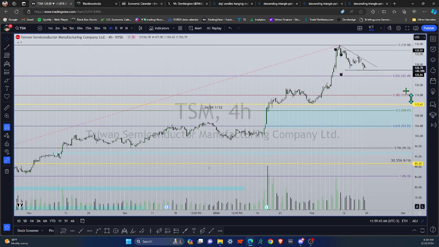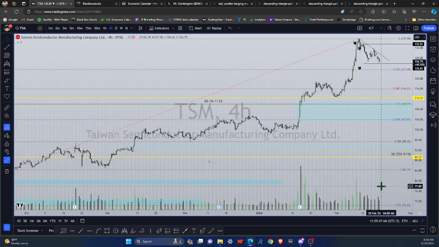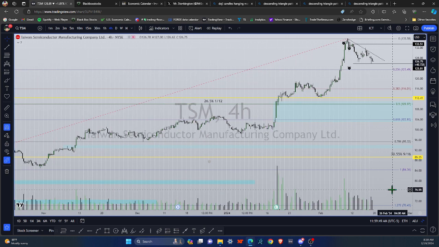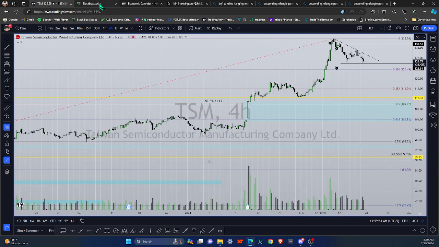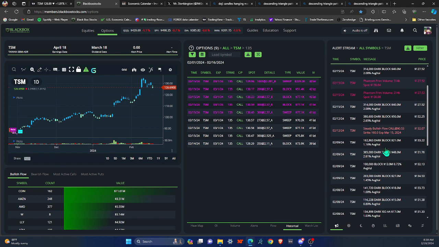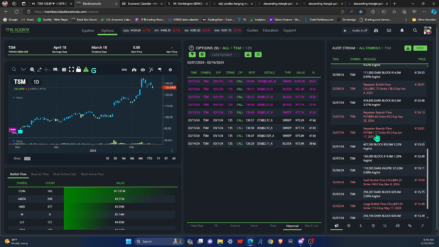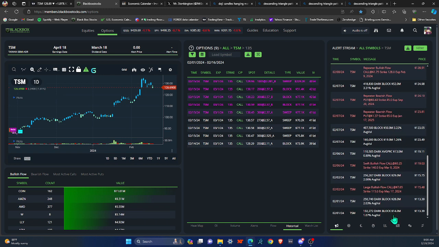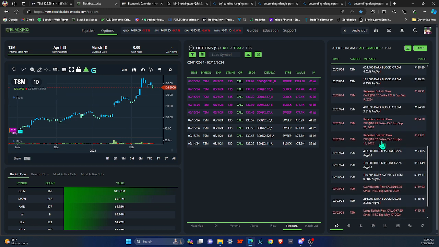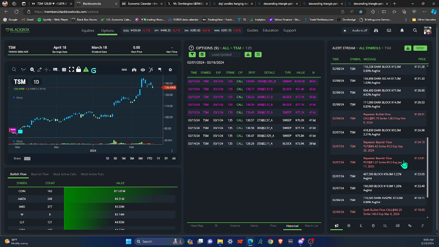But specifically in terms of TSM, I think we've got to get through Nvidia earnings this week. If we look back, we wouldn't strictly go based on alerts ever, but you start to see bulls out to May, bulls out to March. This guy went bearish out to 2025 and September.